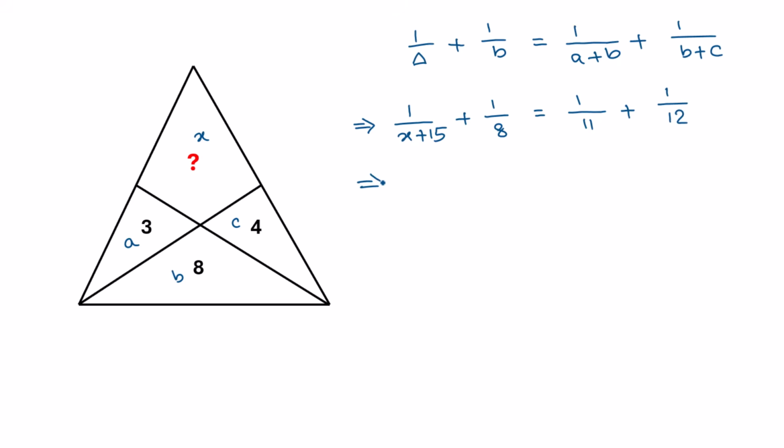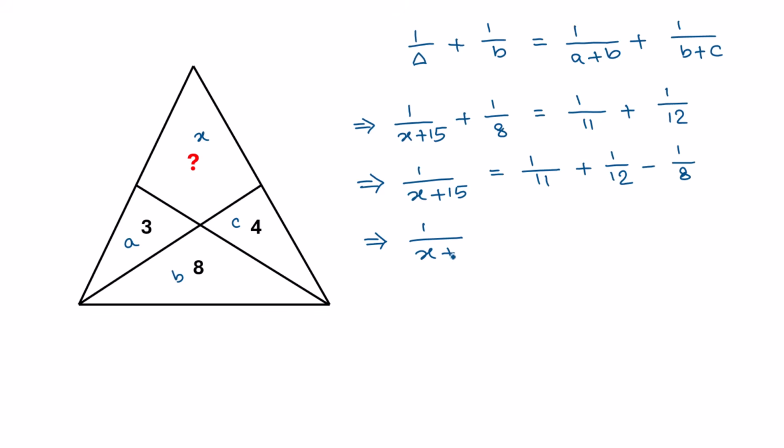So 1 over x plus 15, taking this 1 over 8 to the right side, we can write here 1 over 11 plus 1 over 12 minus 1 over 8.